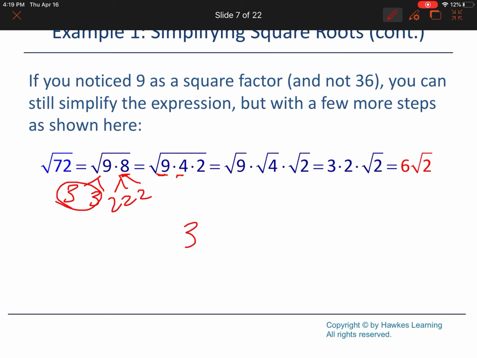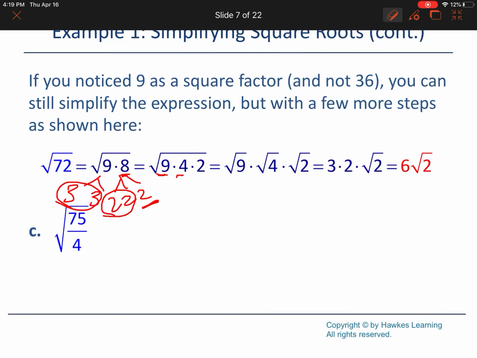So there's a 3. The 3 comes out because I'd have square root of 3 squared, which is 3. And then I have a 2. There's 2 2's, so the 2 will come out. And this 2 is left over, so it stays under. And that's the other way to get to it.